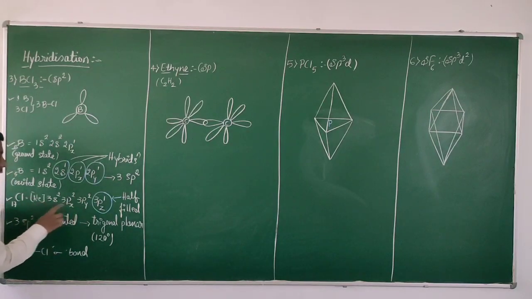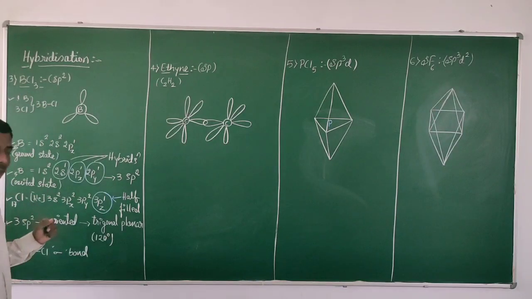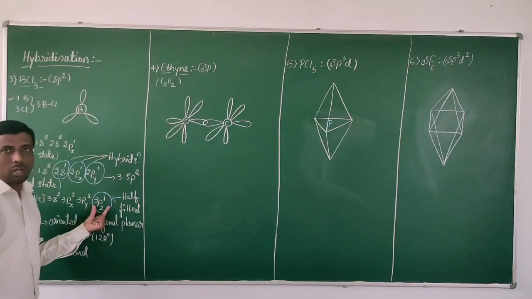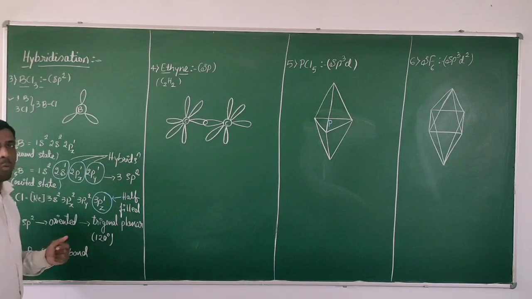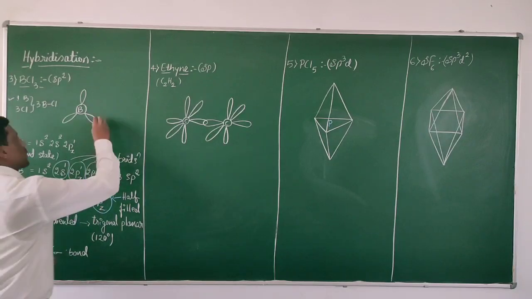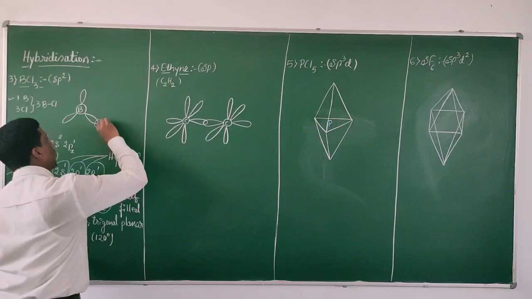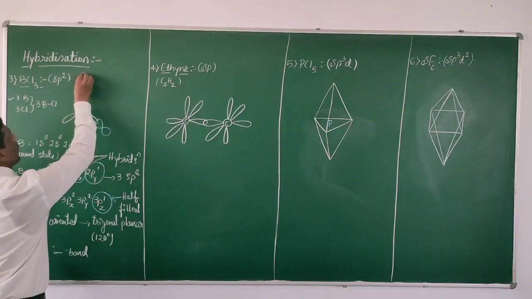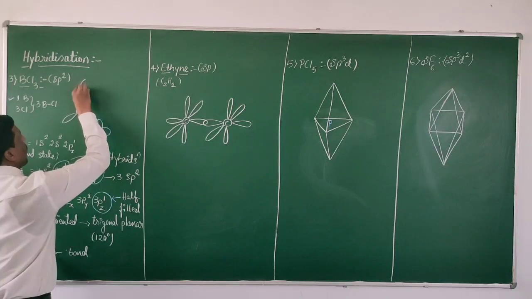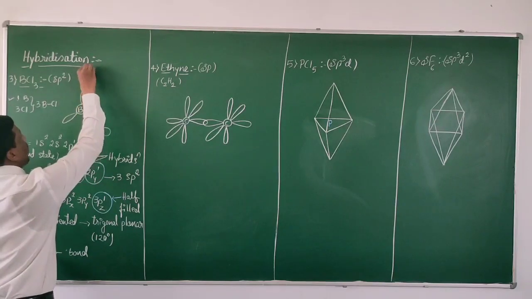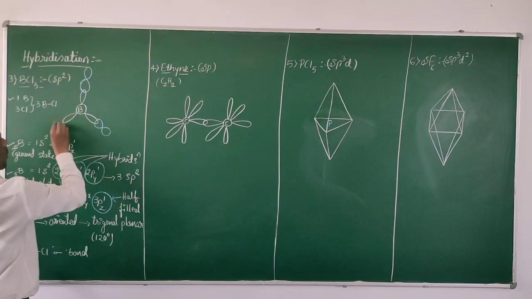Here there are 3 chlorine atoms. The half filled 3pz orbital in each of the 3 chlorine atoms overlaps with the hybrid orbitals. It is like this. A p orbital has a dumbbell shape, you all know that. This is one p orbital, this is one more p orbital, and here we have one more p orbital.